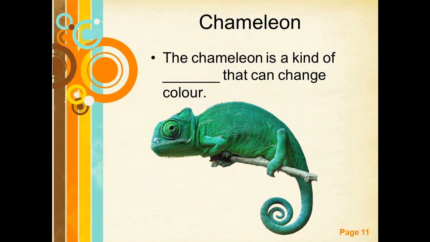Well, the chameleon is a kind of lizard that can change color. So, lizard. Again, like rodent, the lizard is a family of animals that includes many kinds, including the chameleon. This one is famous for changing color.